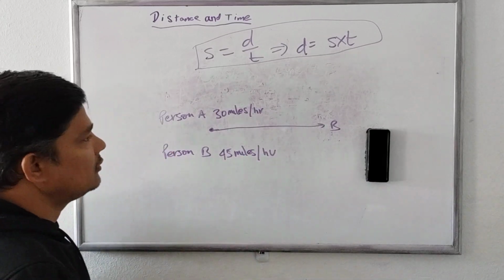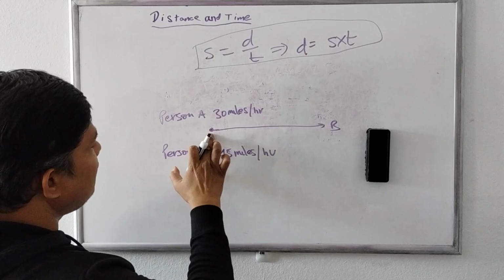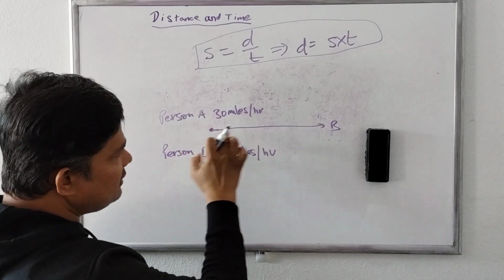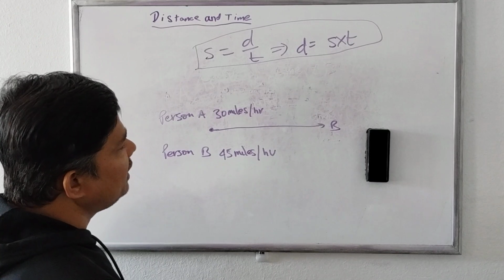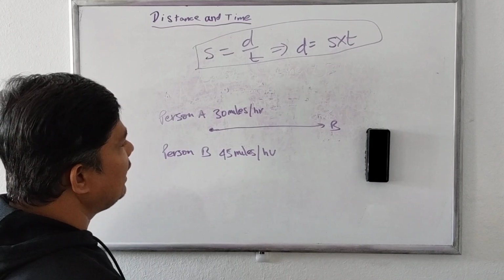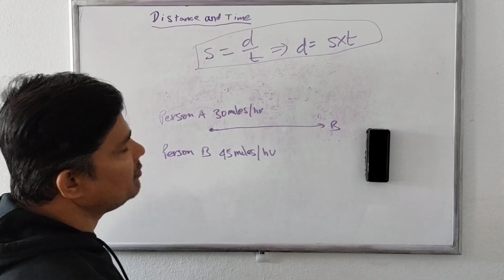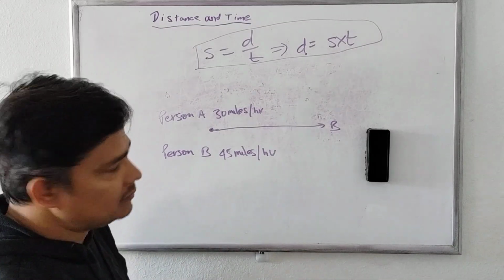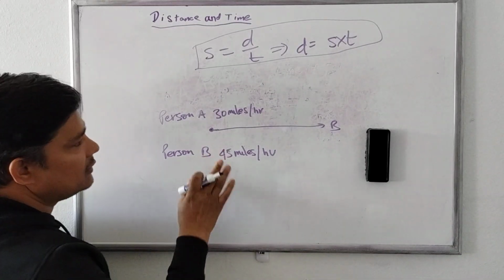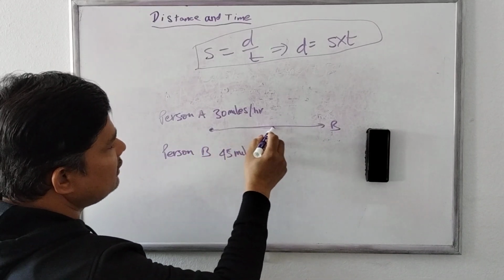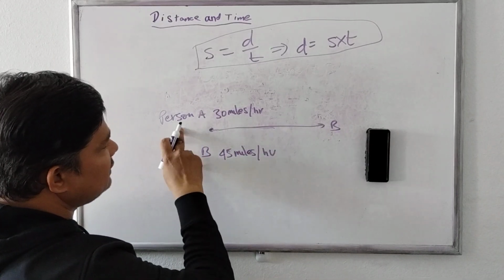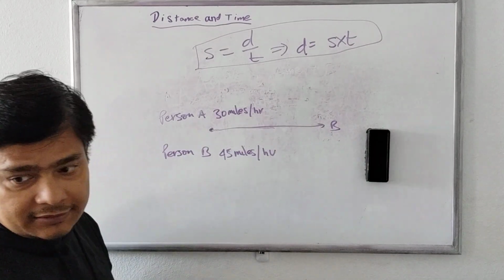If they both start at the same time from the same place to go to place B, after how many hours will they be 150 miles separated? I'm asking after how many hours the distance between person A and person B will be 150 miles.